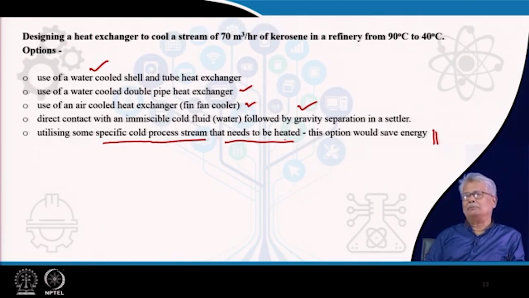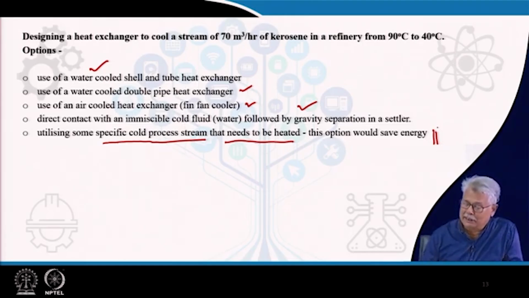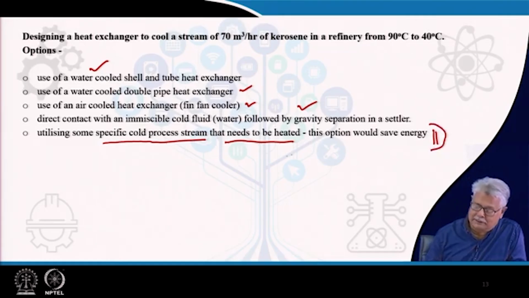At the same time, we also solve another problem of removal of heat not only from the kerosene stream, but adding this heat to a stream which was required to be heated. So it is a dual purpose which gets served this way, and quite naturally, if really we can achieve this, it is going to be most economic.